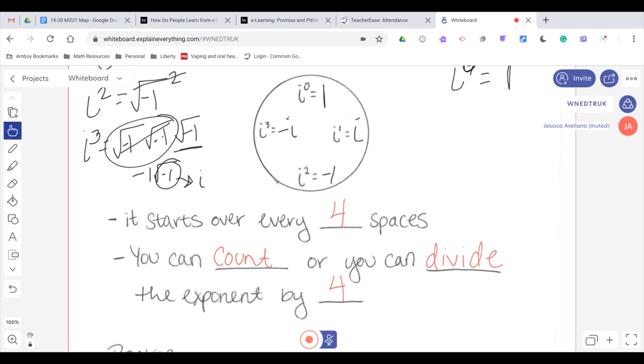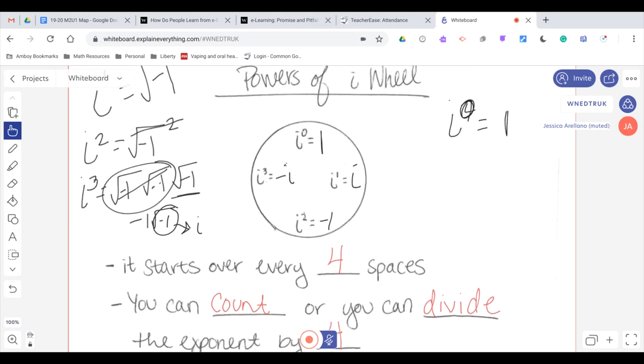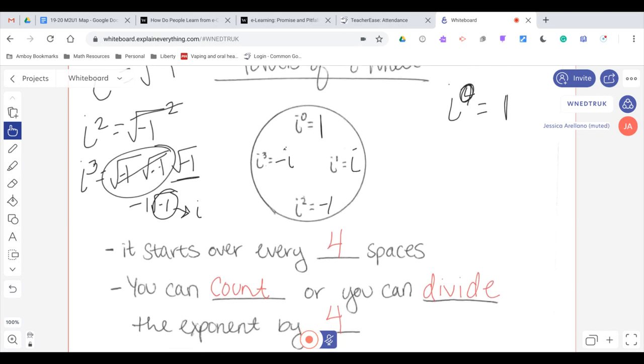When you divide it by 4, you will either get a whole number or it will end in one of the following decimals: 0.25, 0.5, or 0.75, because this happens in increments of 4. So it's like a quarter, half, and 3/4.